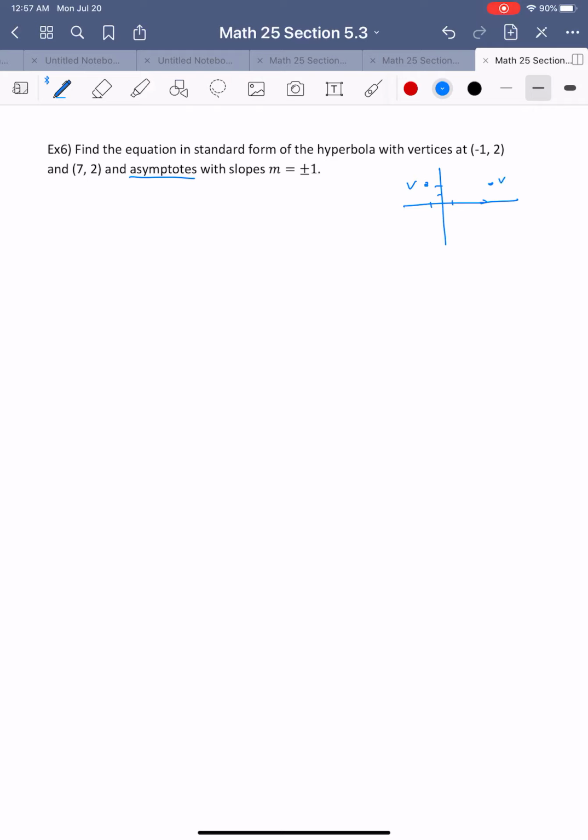Okay, so we need to find the center as a midpoint. So the center, which is h and k. So h is the midpoint of the two x-values from the vertices. Negative 1 plus 7 over 2, 6 over 2, which is 3. And k is 2 plus 2 over 2, 4 over 2, which is 2. So h and k is 3 and 2.